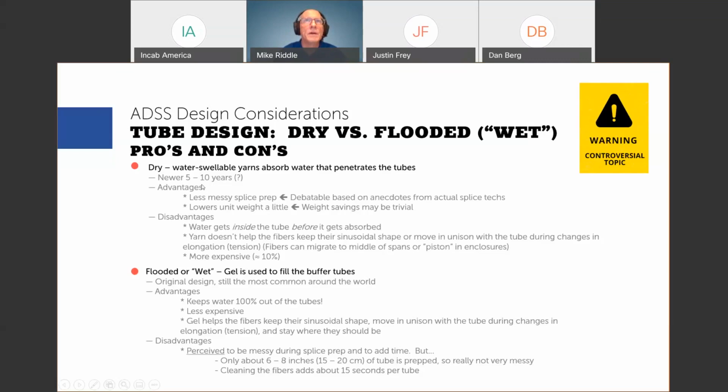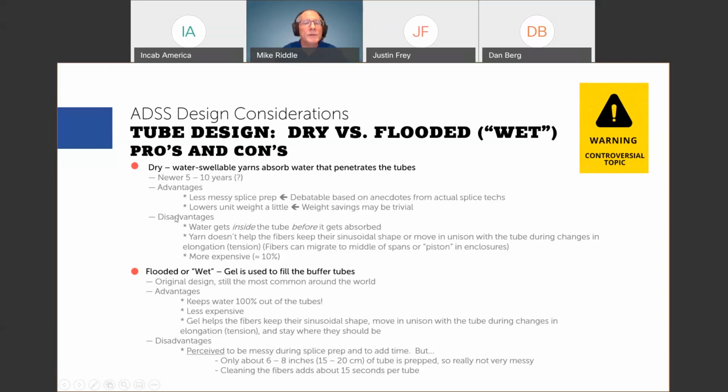It has a significant field track record. That's the way I would put it. The advantages, it's claimed to be less messy in splice prep, and it's claimed to lower the unit weight. I think the weight savings are trivial, and I think the less messy splice prep is highly debatable.